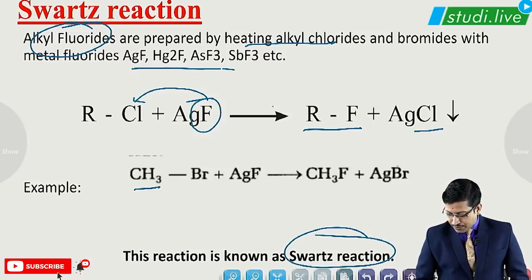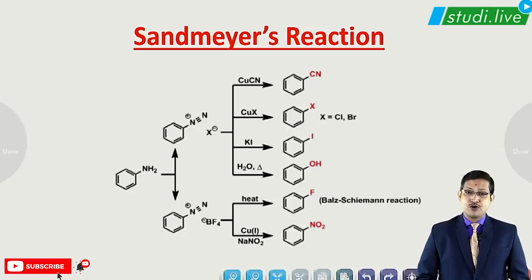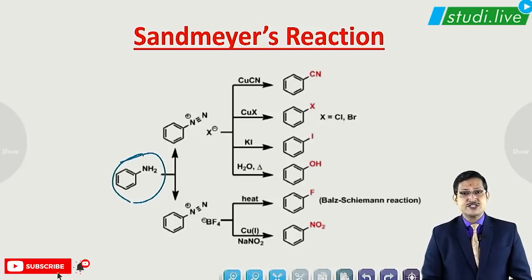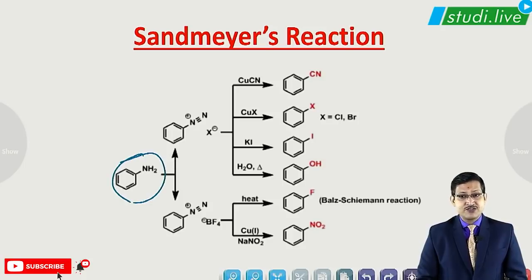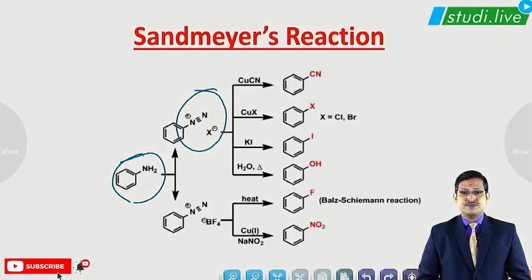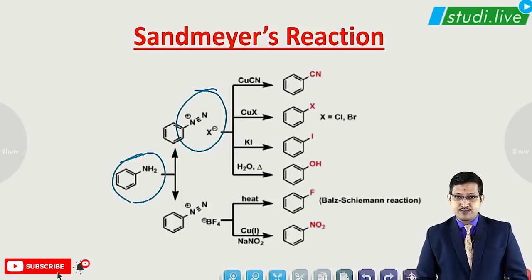The next one coming up on the screen is the third important reaction, Sandmeyer's reaction. Now in Sandmeyer's reaction, you have a set of products. You start with aniline first. Aniline will react with nitrous acid to give you diazonium salt, that is benzene diazonium chloride.